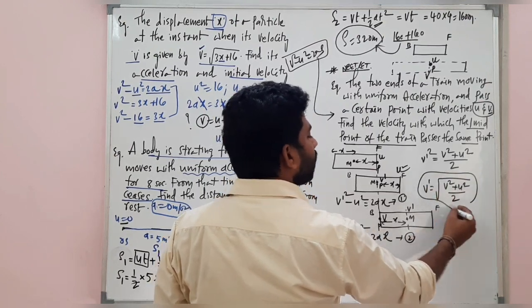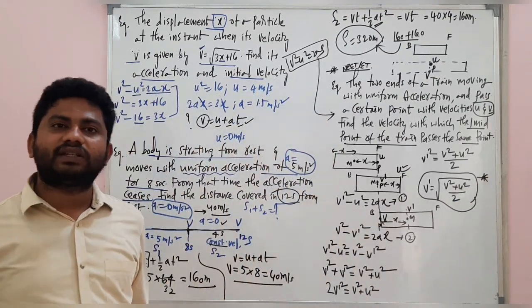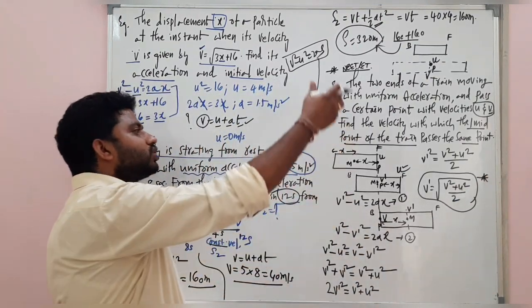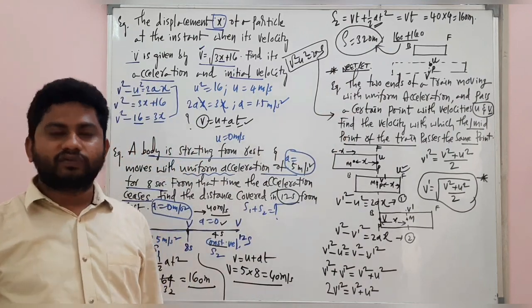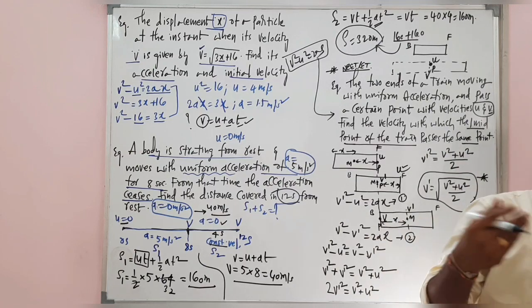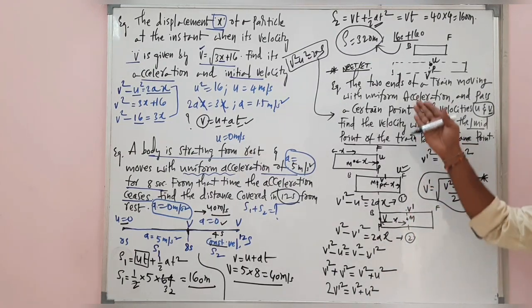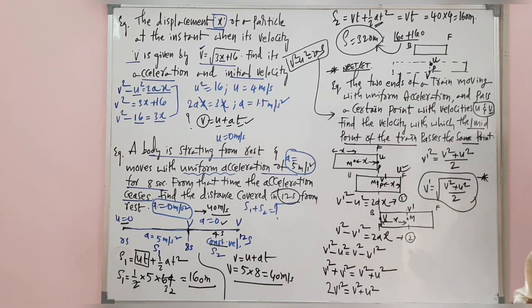To solve this in your NEET exam or CET or JEE exam, to solve in this way, it will take a minimum of 2 to 3 minutes even with a lot of practice.